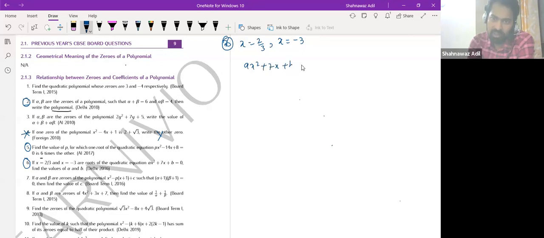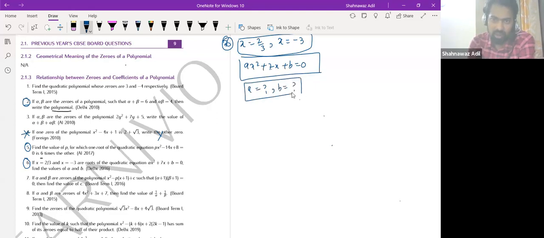This is the equation, and these are the solutions of this equation. We have to find out A and B. So please do this question and tell me what A and B would be. What do we mean by zeros of the polynomial? So these are zeros, right?